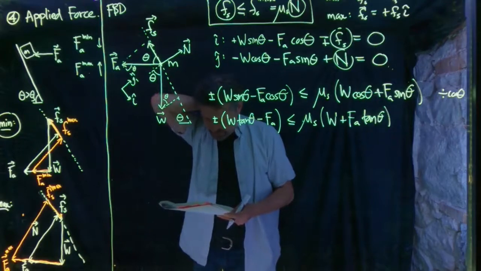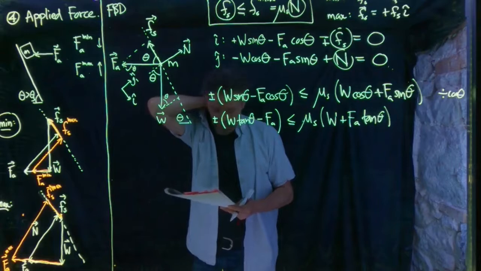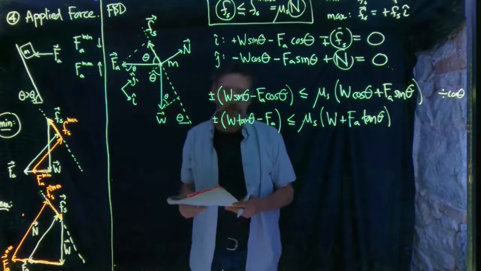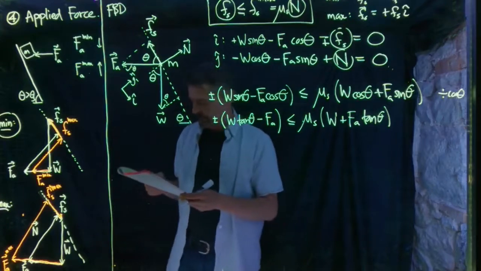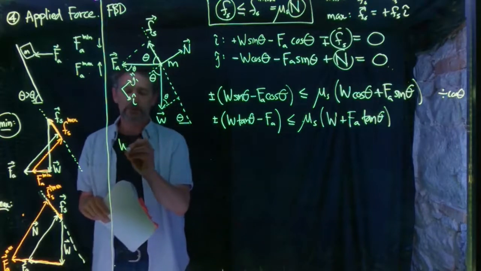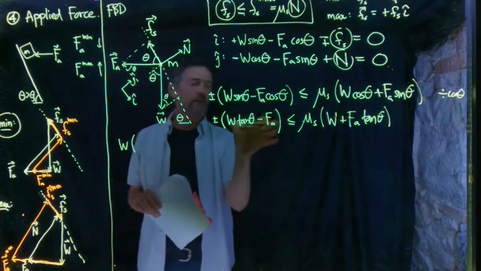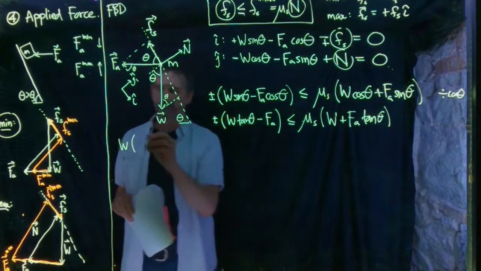Now we want to isolate Fa. So let's put everything involving W on the left-hand side. We're going to run out of room here, so let's start down here. Bringing everything involving W to the left-hand side, there's a W times plus minus tan theta.